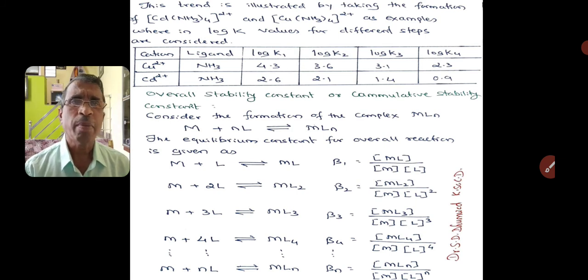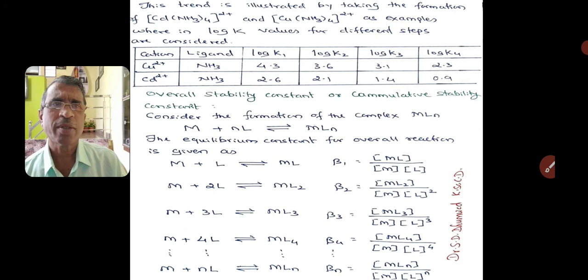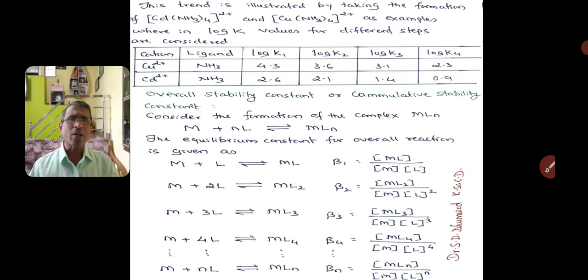The stability constant for this reaction is 3.6. Similarly, log K3 is 3.1 and log K4 is 2.3. That means the stepwise stability constants decrease from the first step to the last step, till it accepts all the ligands to form a stable complex.